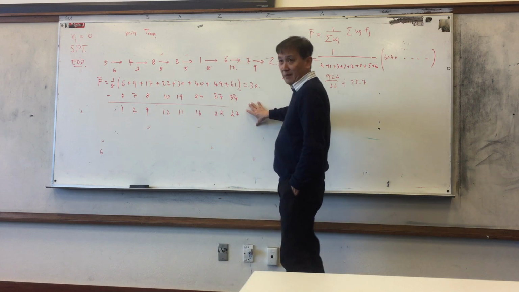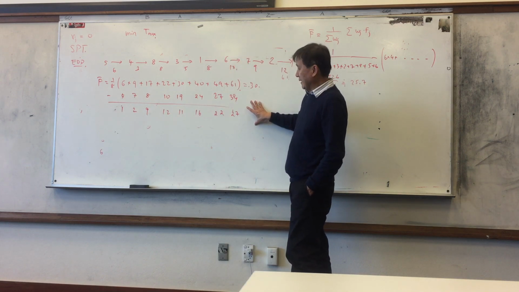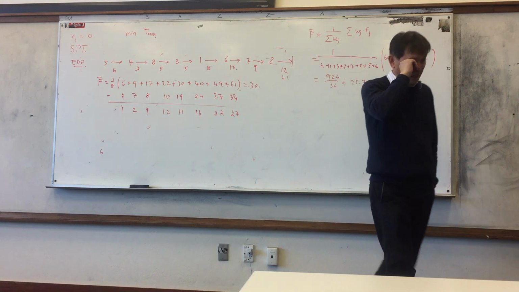Now, the law actually delays the jobs, so you can also find the average delay. Add those numbers up and divide by the number of jobs, which is 8.